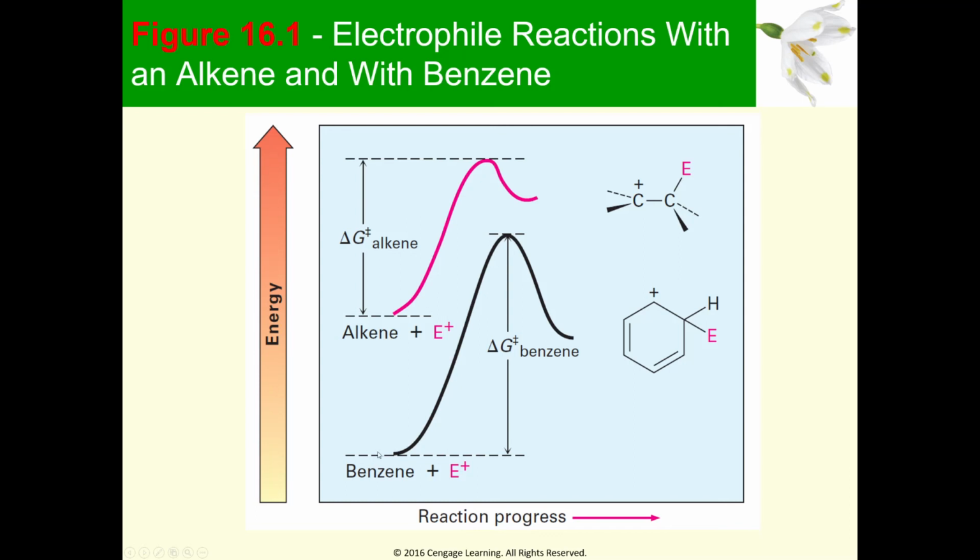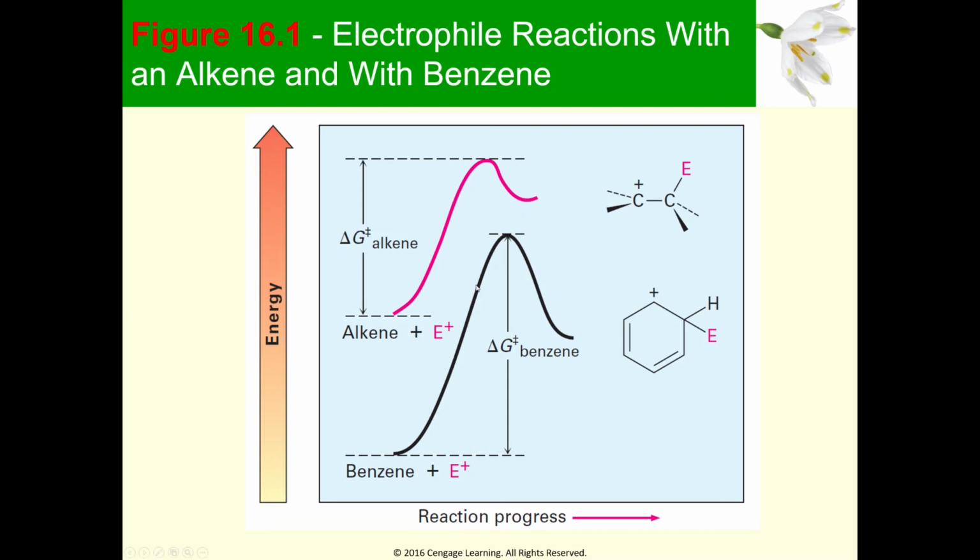And that is the difference between the starting material and the transition state that you're going to find up here. And then down here, you would find intermediates if there were intermediates in the reaction. So in this case, the difference in energy of benzene to the transition state is much greater. Said another way, this has a higher activation energy than for an alkene.